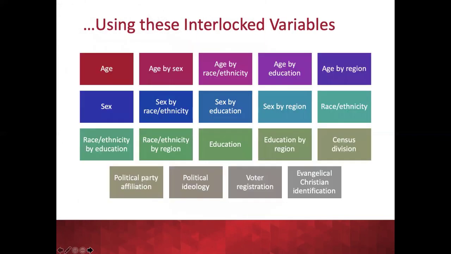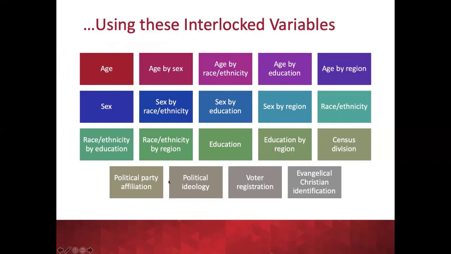And here are what Pew used for non-probability samples. So they used interlocked variables as well as separate variables. So let me talk about both of those separately. First, they're using more variables to weight by. So they've added political party affiliation, political ideology.